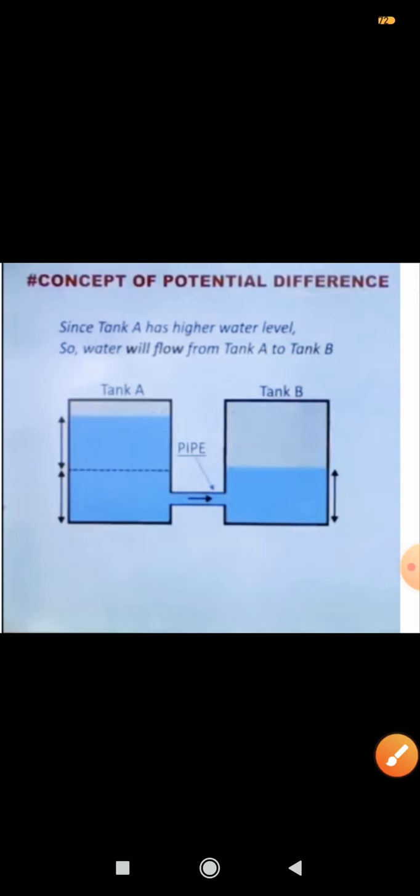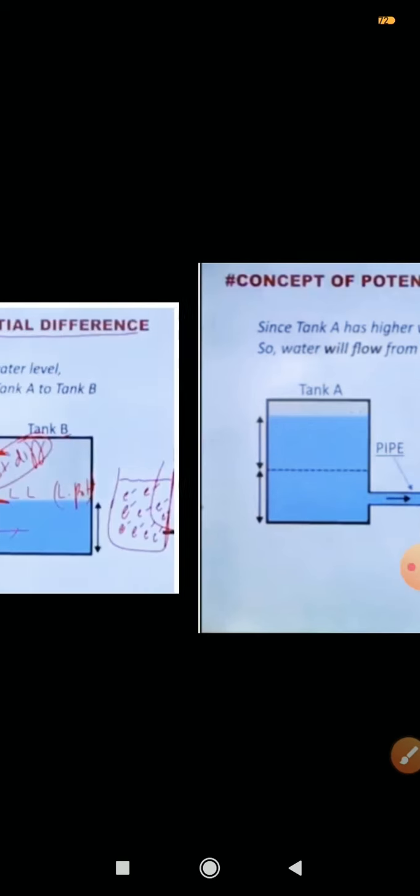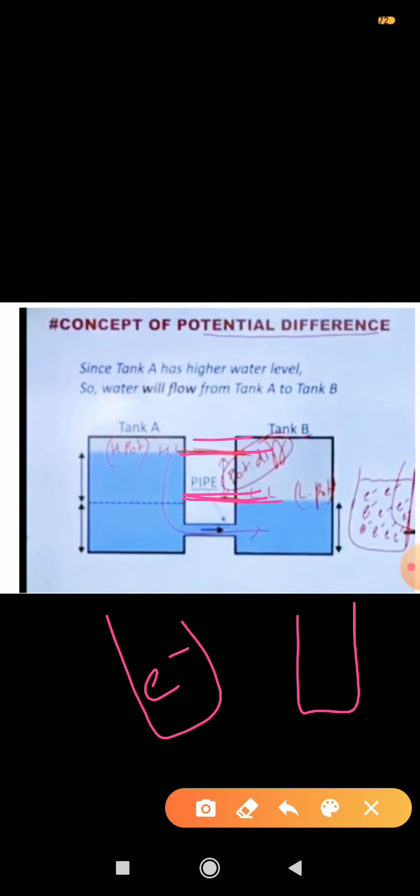So let's see it in electricity. Here I denoted this difference as the potential difference. Here also, in a wire or a conductor, there are many electrons, meaning negative charge, and in another wire there is less negative charge. So the charges flow from the high negative through the battery and wire to the low negative.